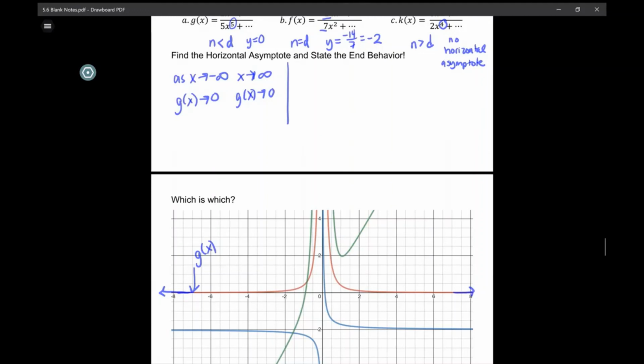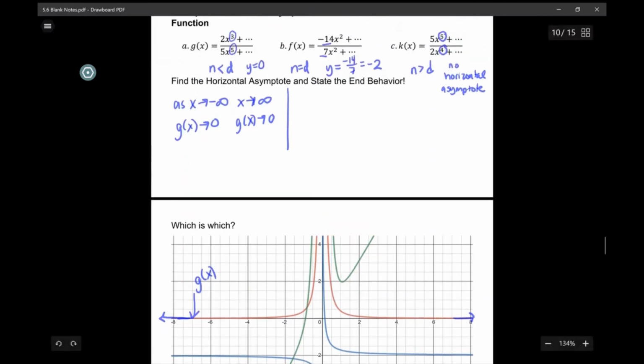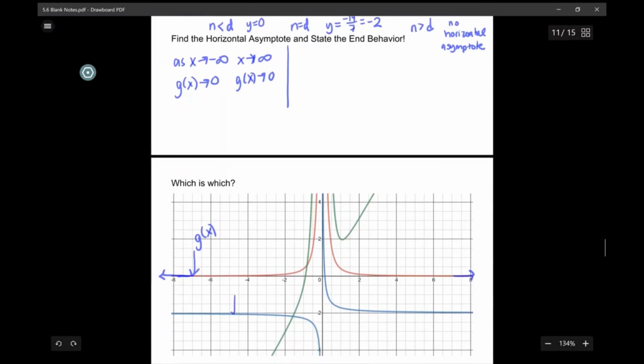All right, so we have blue and green left. Which one of those has a horizontal asymptote at -2, meaning it extends to -2 in the long run? That's going to be blue. So this guy, what did I call that? f of x. So the blue one is f of x, and we can see that as x goes to negative infinity, f of x goes to -2.